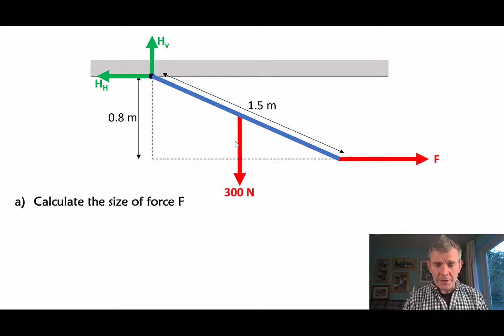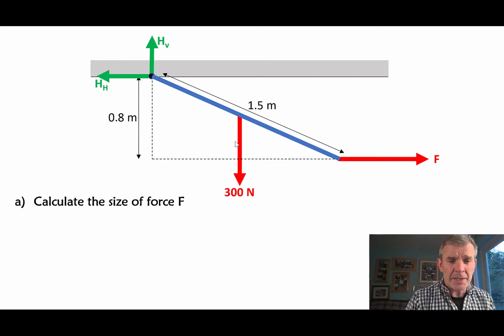We know that our rod is in equilibrium, so we can take moments from any point, and the clockwise moments are going to equal the anti-clockwise moments. It's always a good idea when doing these sorts of problems to take moments from a point where you've got a number of unknown forces.